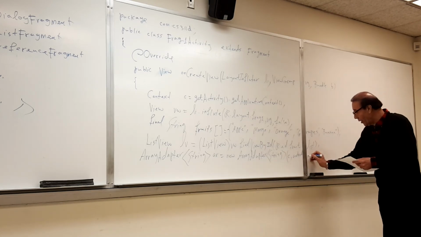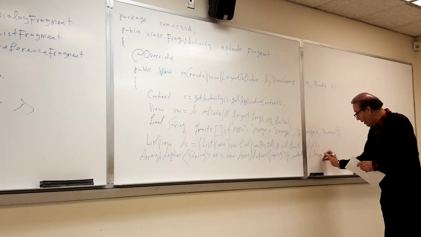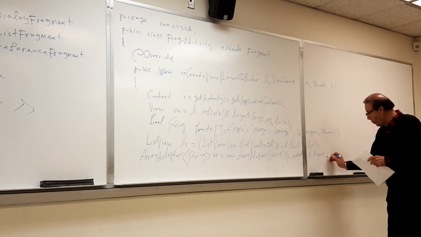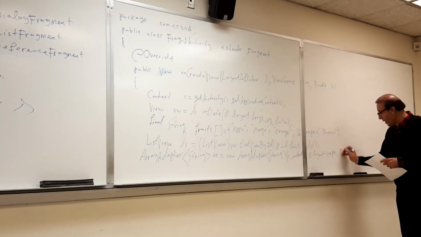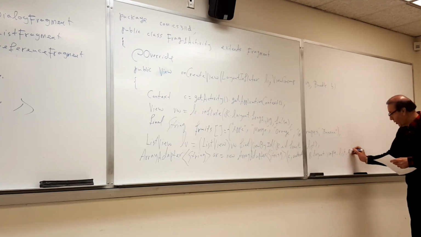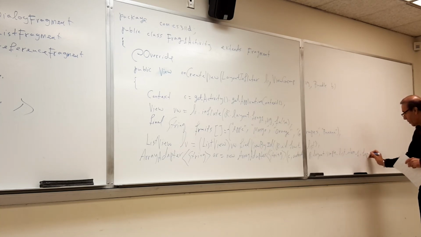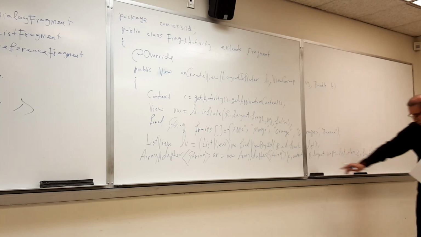Android dot R dot layout dot simple list item 1 comma fruits. I hope you remember what it is.